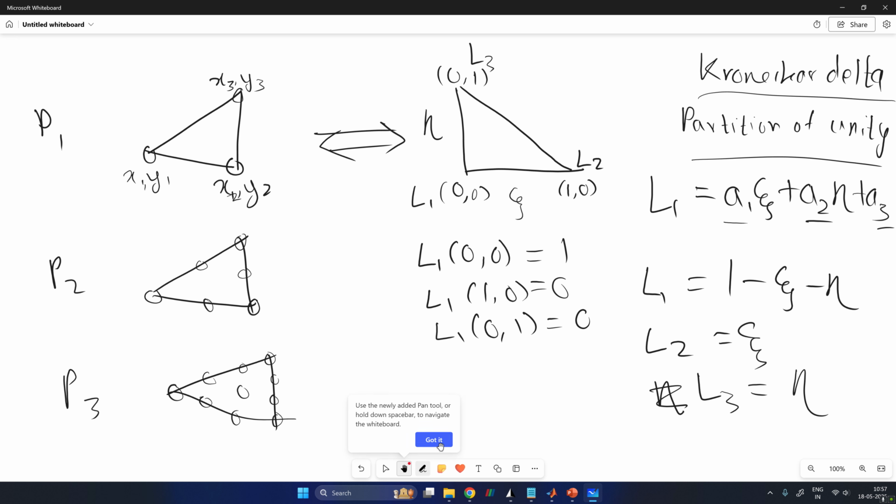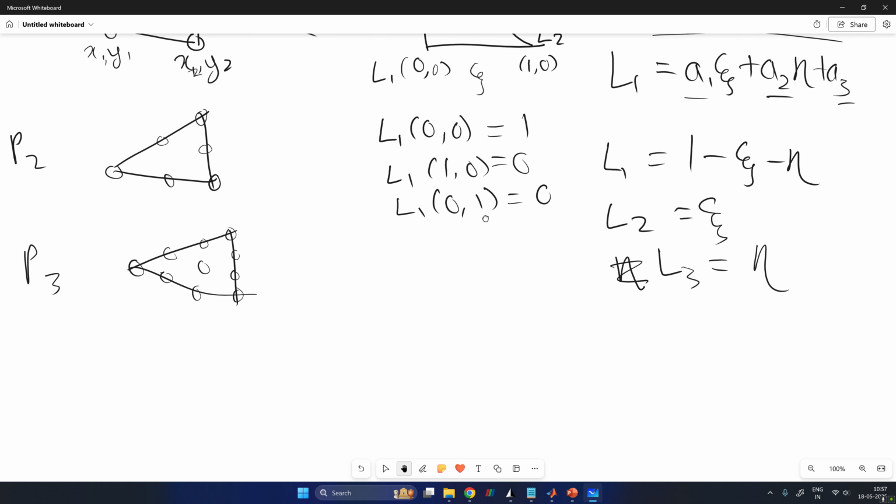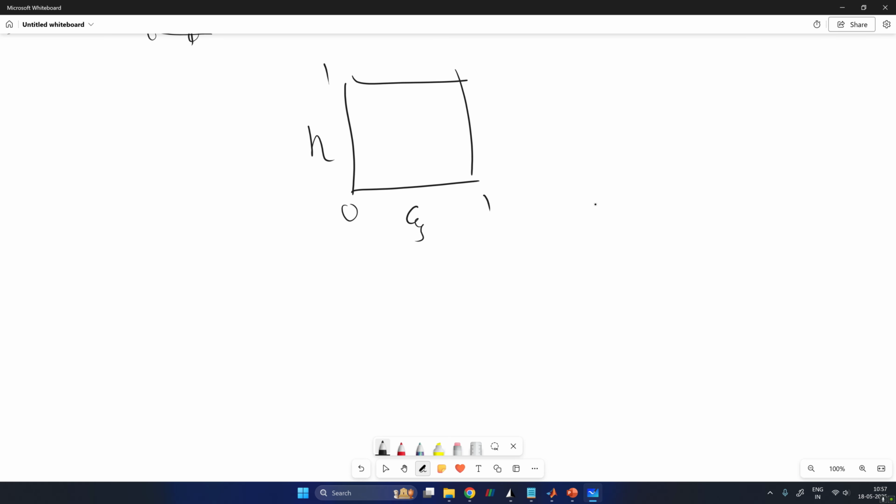For quads, the process for the calculation is exactly the same, but there's an easier hack. In the case of quads, this is just a tensor product. Your master element looks more like a square, with psi going from 0 to 1 and eta going from 0 to 1.